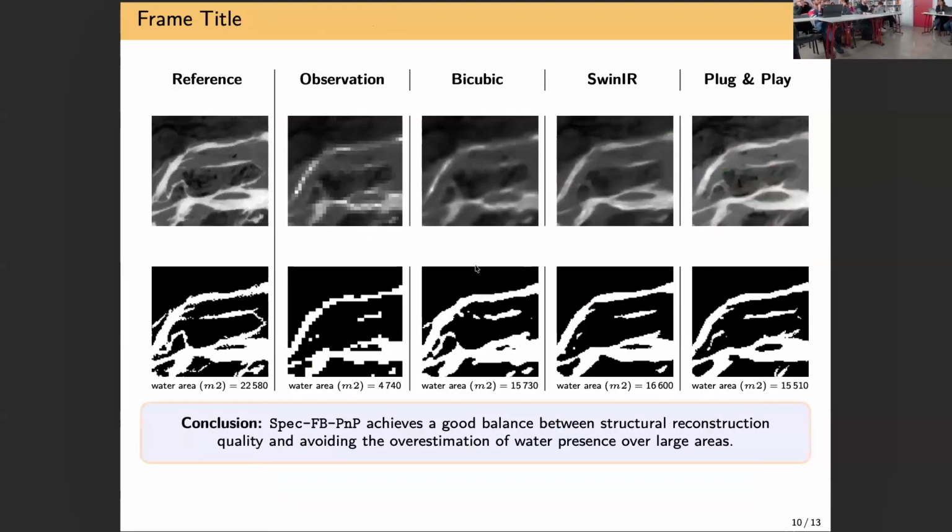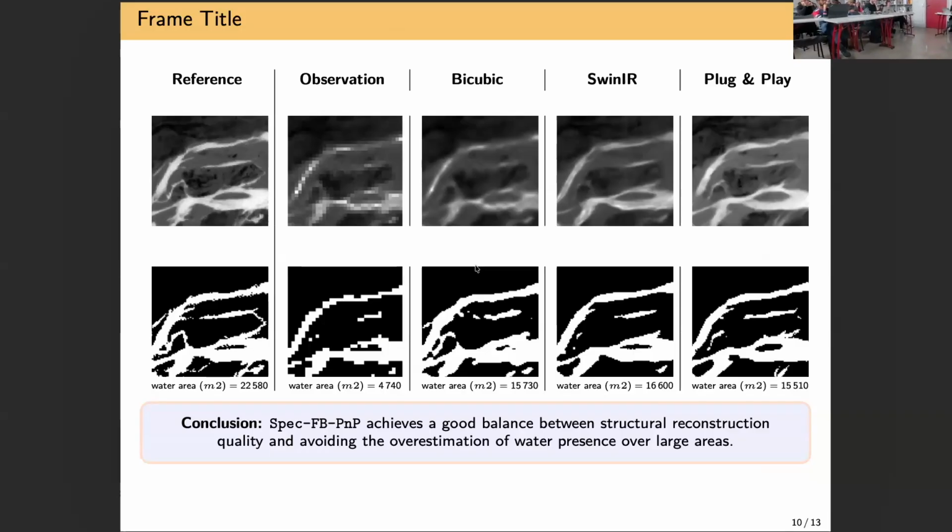And because we considered 4 spectral bands, so red, blue, green, and near infrared, with near infrared we were able to use some more geographical metrics. For example, the water area or the perimeter of the river, which we show here just below our image.